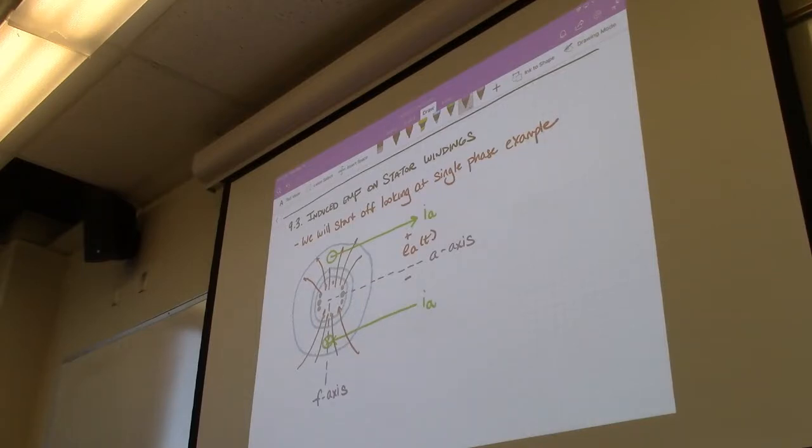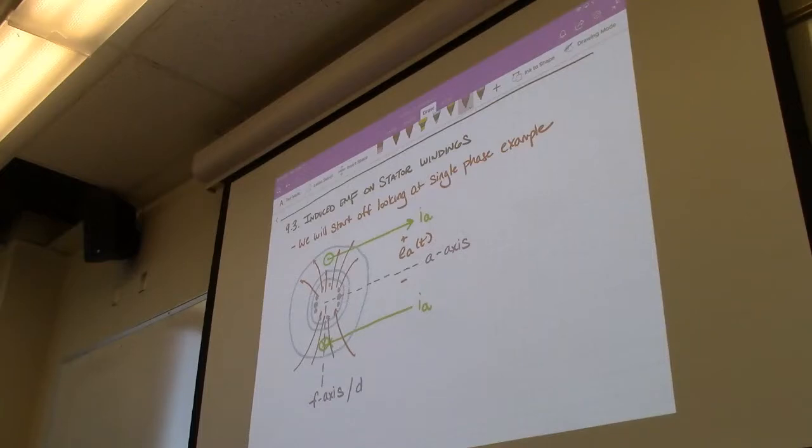So the F axis is the same as the D axis. F, Q. Thank you. F representing the axis corresponding to the field winding. D axis meaning the direct axis of the rotor. It's the same thing.